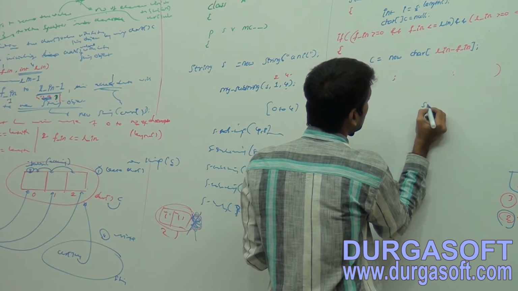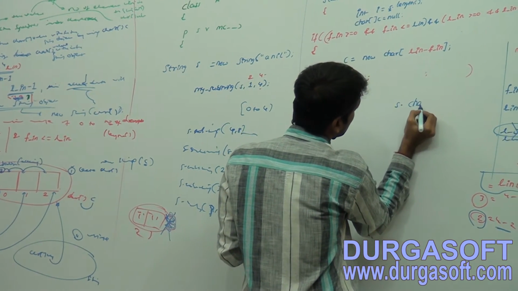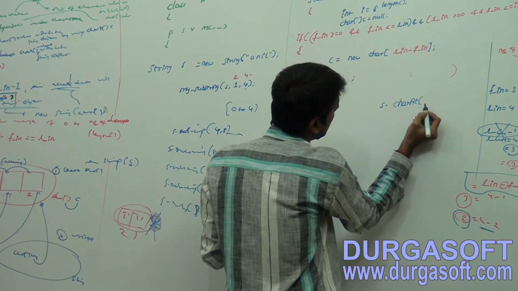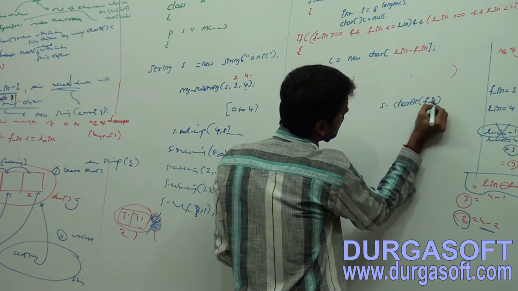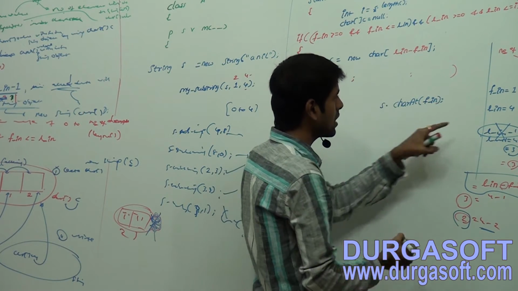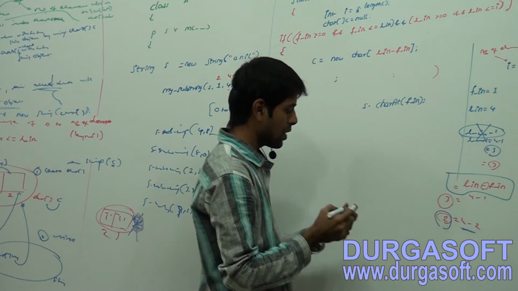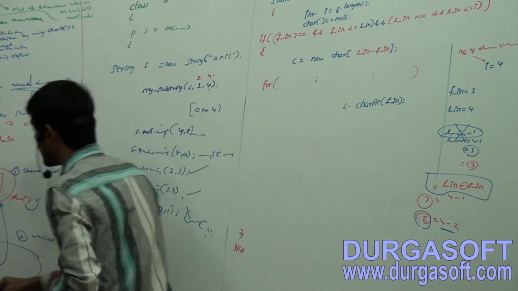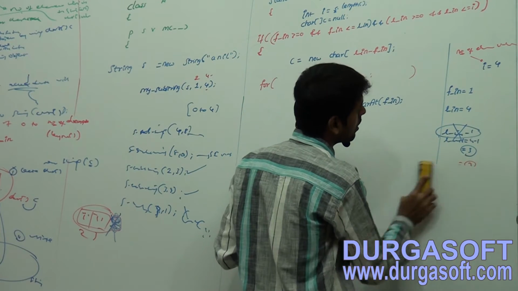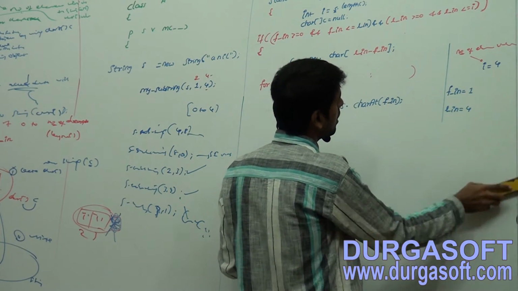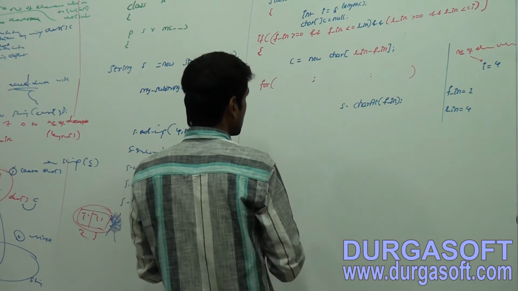Now call s dot charAt of the first index.